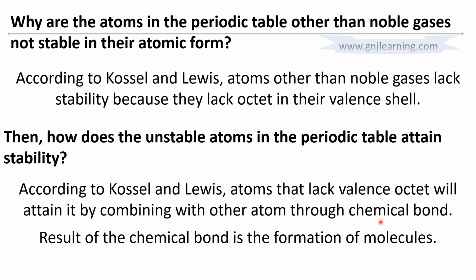So combination results in molecules, and inside the molecules we have the bond between the atoms, that is called chemical bond, and the result of chemical bond is the formation of molecules. So far we have seen that the unstable atoms combine to form molecules through chemical bond formation.